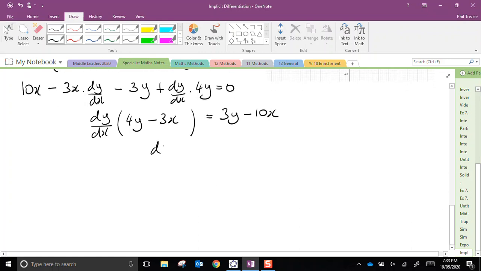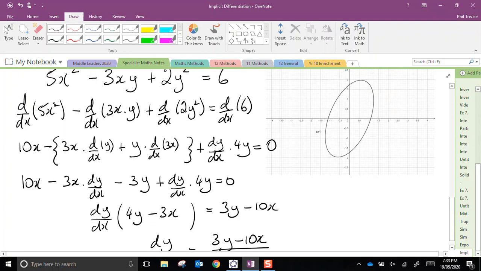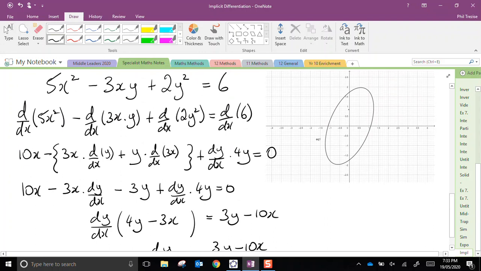And quickly enough, we will see that our derivative is 3y take 10x over 4y take 3x. That formula will give me the gradient of this curve.